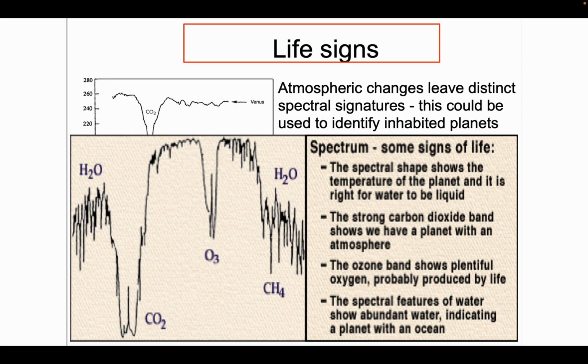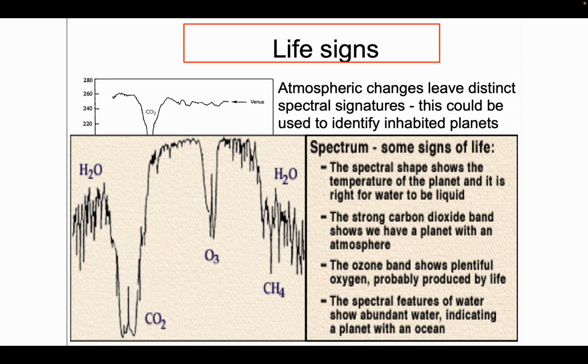The planetary spectrum holds some signs of life. That is, from the exoplanet spectrum we can get some signs of life. The spectral shape shows that the temperature of the planet is right for water to be liquid. The strong carbon dioxide band shows that we have a planet with an atmosphere.